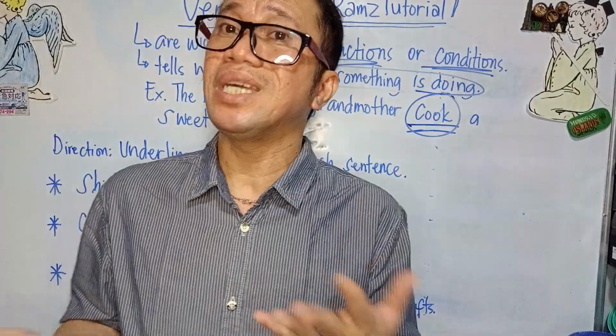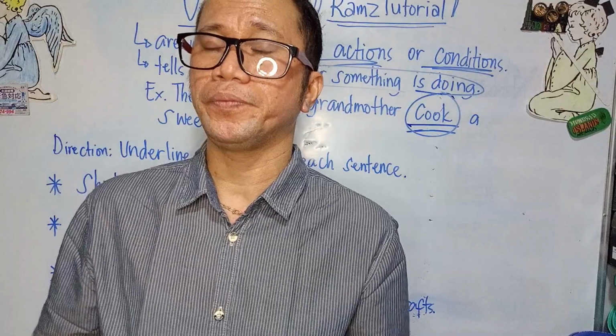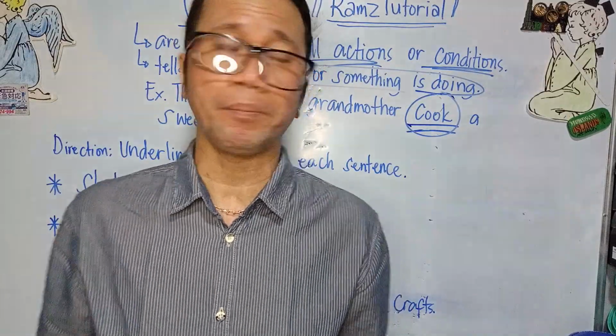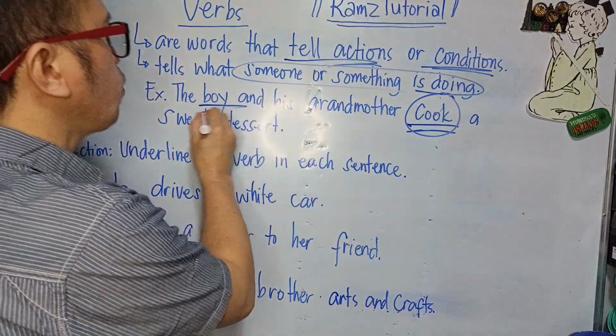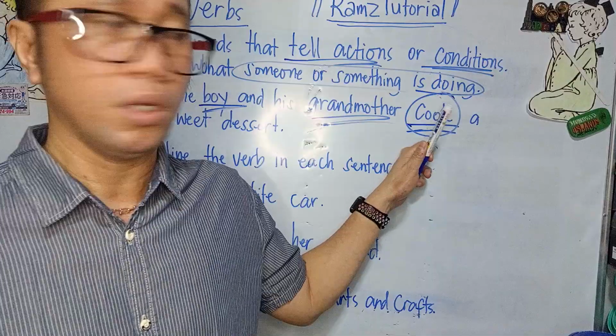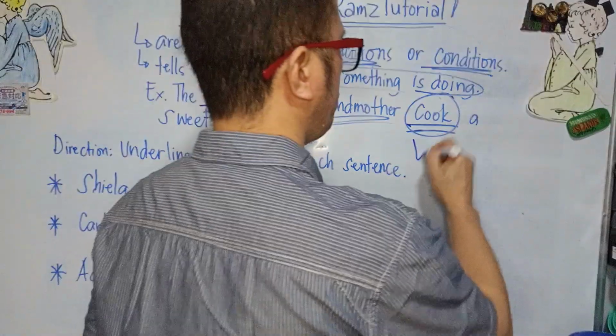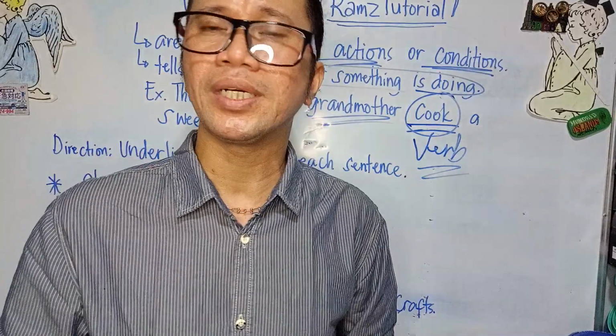Kung ano po yung ginagawa ni Simono, the subject. In our example, the boy and his grandmother are the subject. The subject is doing the action, to cook. This is the word we call verb, or nagpapakita ng kilos o galaw.